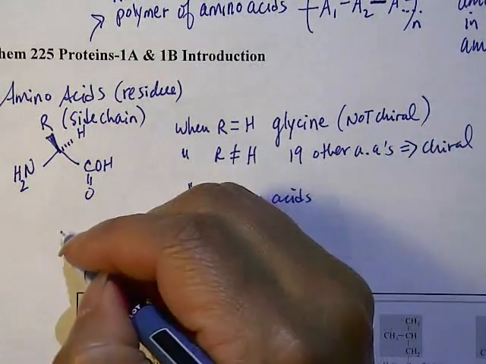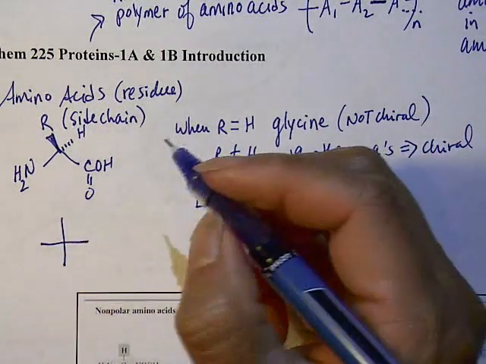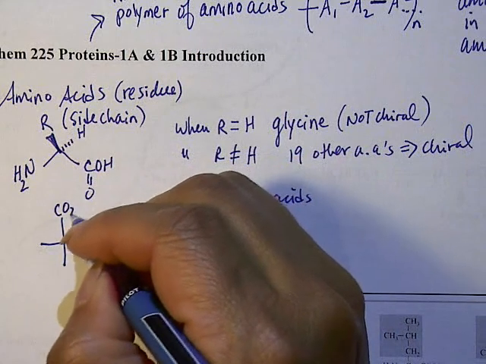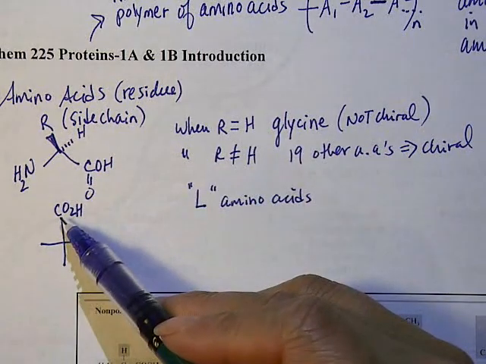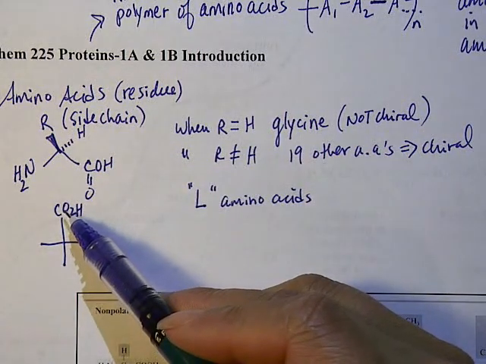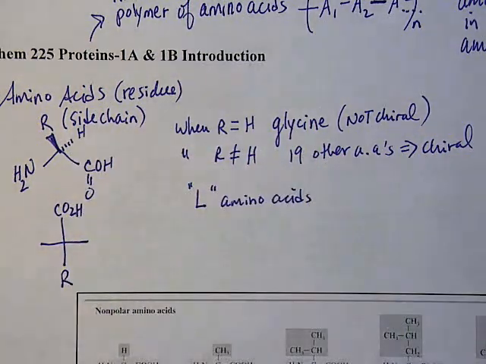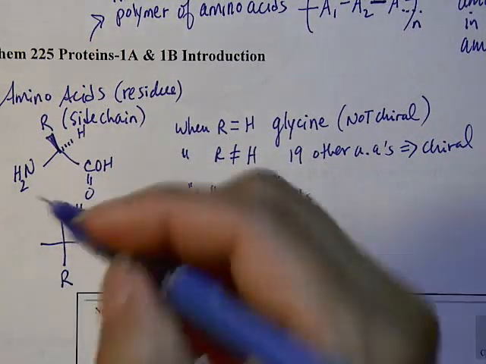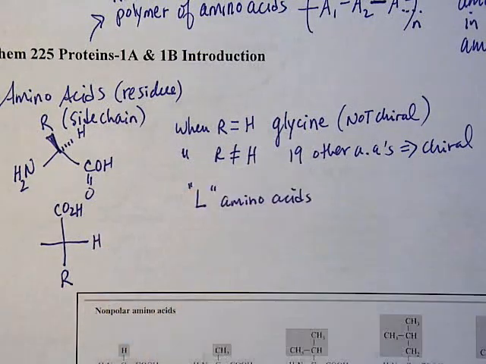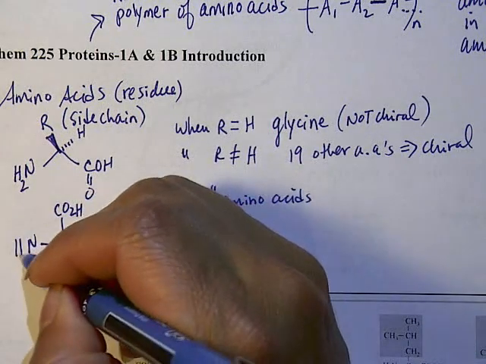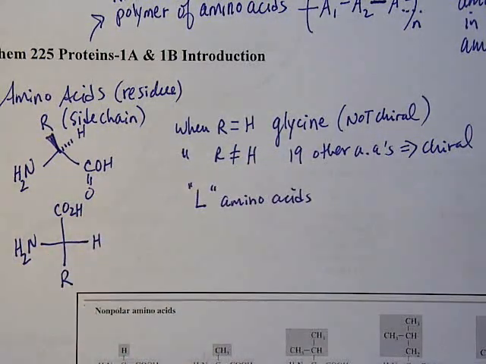And what that means is that if you draw this in a Fisher projection and you have the highest oxidized carbon, which is carboxylic acid, at the top, and you have the side chain down at the bottom, sort of like the way we drew for sugars, then it turns out that the amine group is on the left, which is why there are L amino acids.